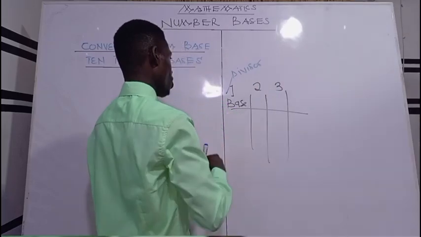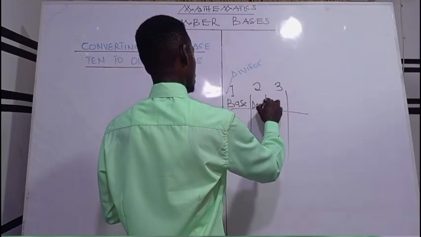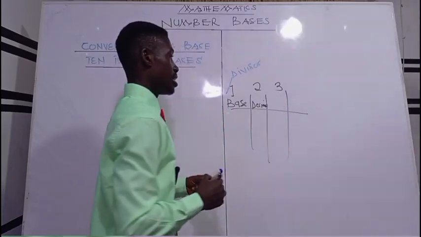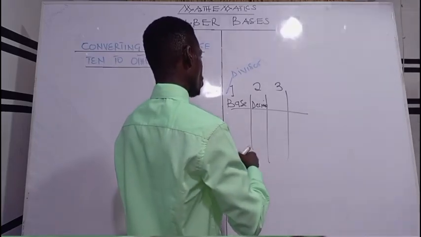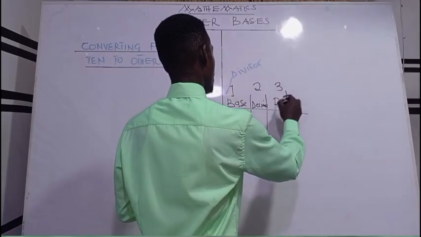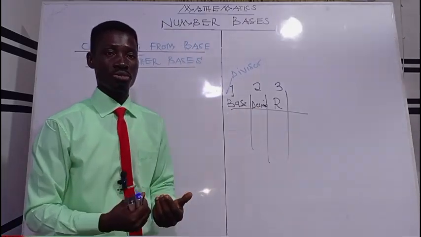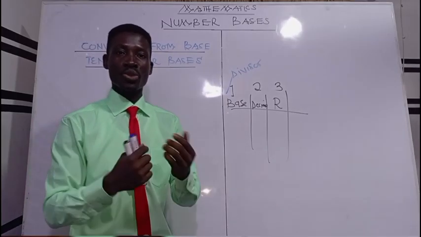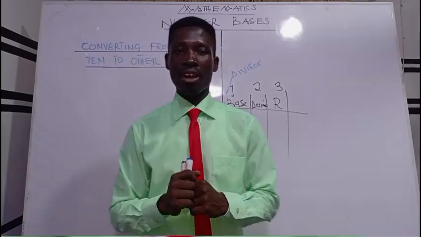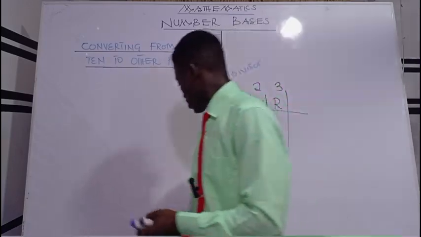The second column is going to be the decimal number, which is the dividend. And the last column is going to be the remainder. So these are the columns that we are going to use in converting from base 10 to other bases. Without wasting time, let's take our first example and see how it goes.